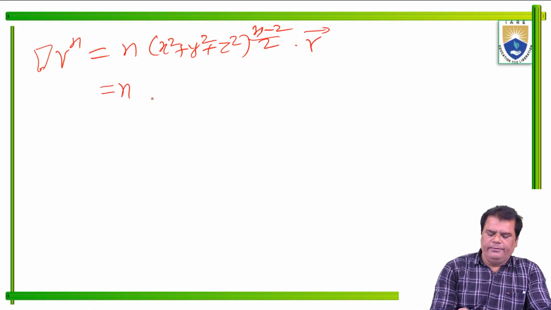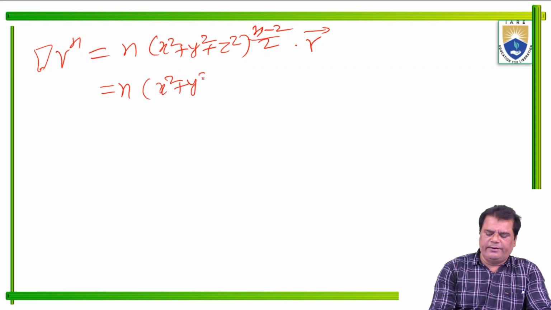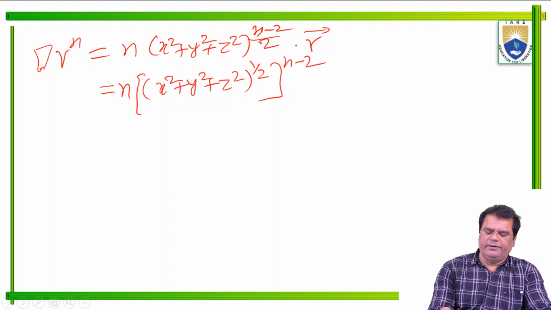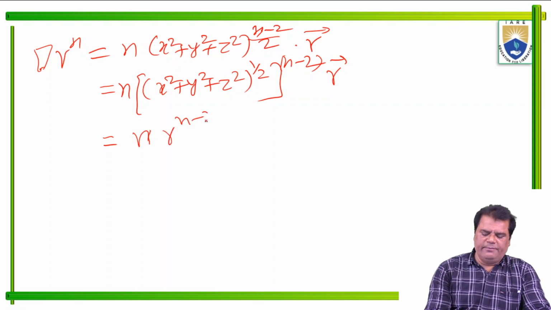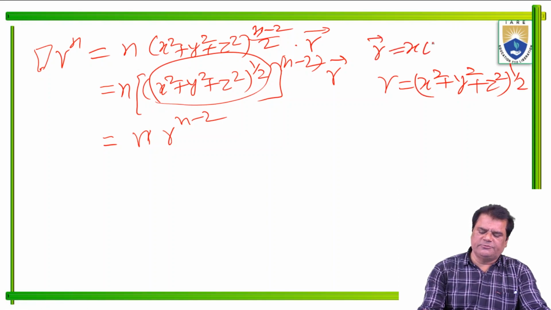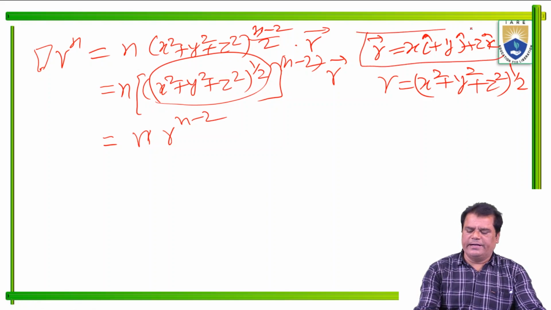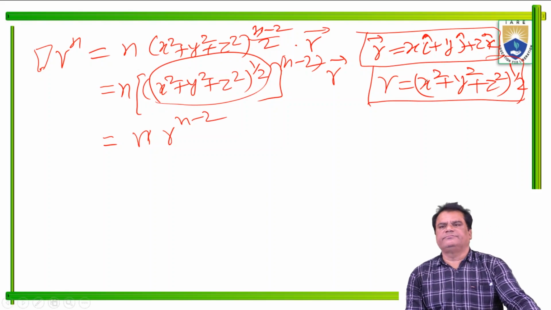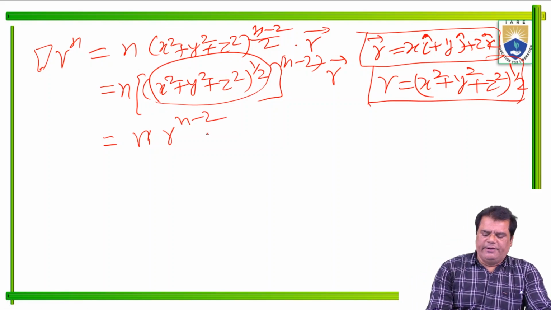Now, (x² + y² + z²)^(1/2) is r, so breaking this power into 1/2 and n-2, we get r^(n-2). Here r is the scalar, the mod of vector r, where vector r is xi + yj + zk. So we get n r^(n-2) into vector r.